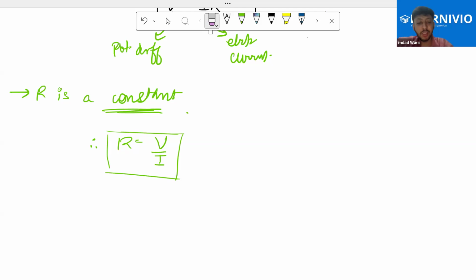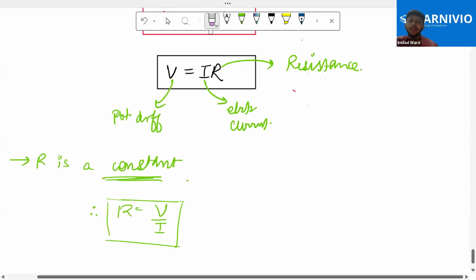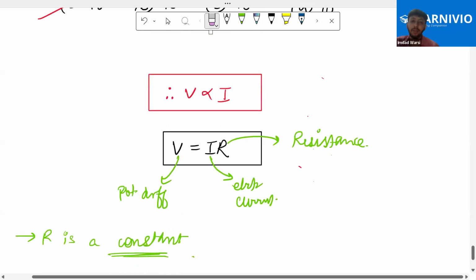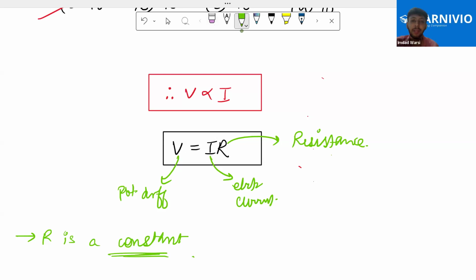After doing this, I'll give you a question. So potential difference, you must be knowing that V is equal to IR. V directly proportional to I means if you increase the potential, the electric current also increases. Like make an arrow and write here.